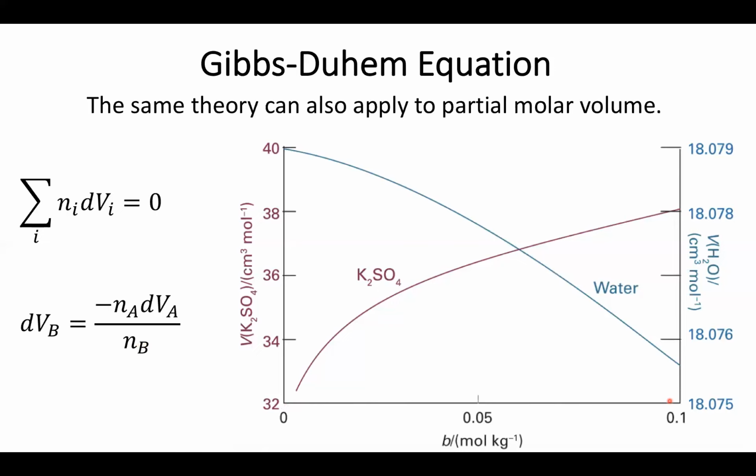Well, if you dust off your calculator and try to convert that molality of 0.1 to a mole fraction, you're going to find that this corresponds to a mole fraction of potassium sulfate of about 0.002. So in other words, I've still barely added any potassium sulfate on essentially a molar ratio, really illustrating how uneven these changes can be.